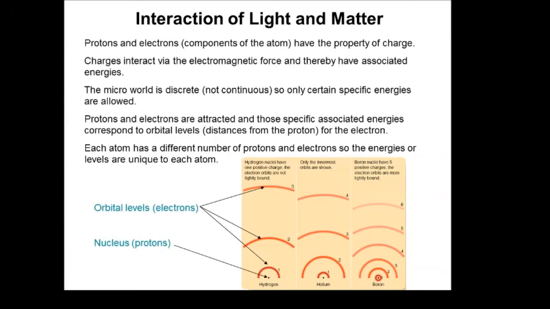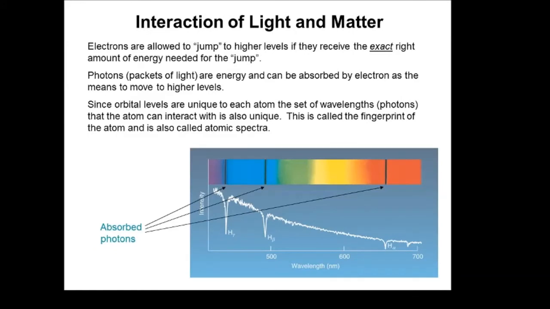And each atom has its own unique set of orbital levels, which we sort of call the fingerprint of the atom. The pattern of levels corresponds to a pattern of absorption and emission lines. And that's how we are able to identify the atoms.